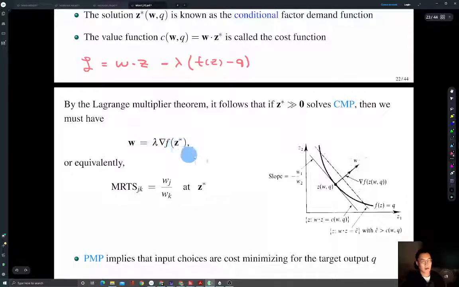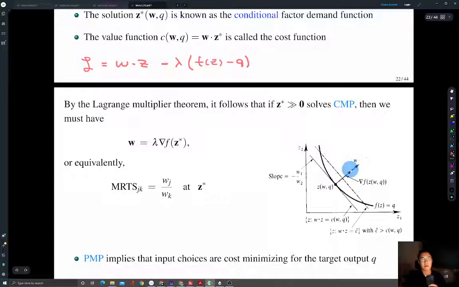And remember, the gradient of function f indicates the direction in which the output is increasing at the greatest ascent, just like the gradient of a utility function.